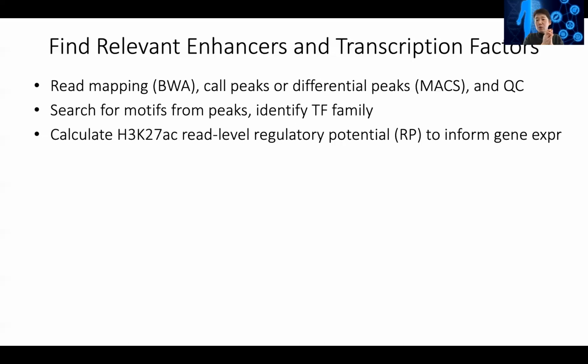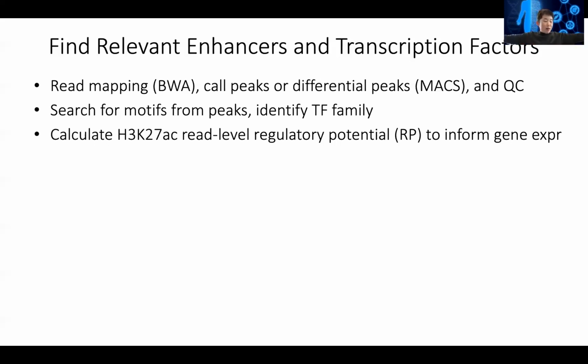And we can do the same thing to calculate regulatory potential on the K27 acetylation to calculate the effect on nearby genes. And interestingly, we found that using this approach, you get a pretty good idea which genes are activated and which genes are not actively transcribed, which means that if on this gene there is a lot of K27 acetylation signal, this gene is very likely to be highly transcribed.